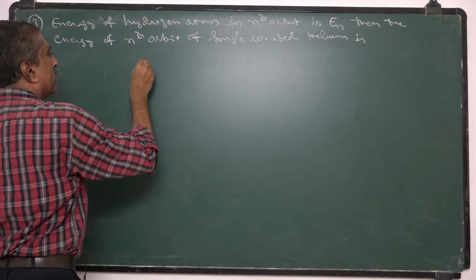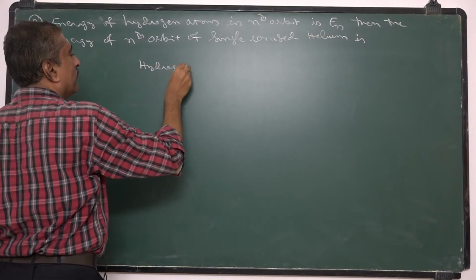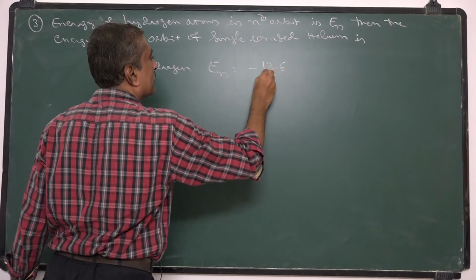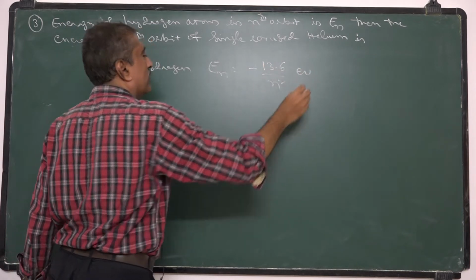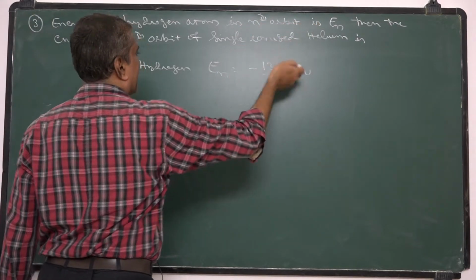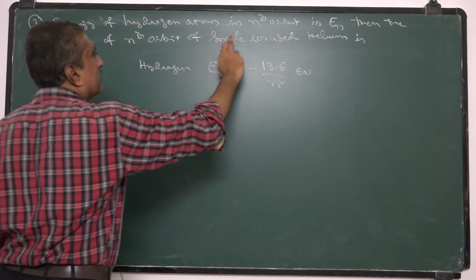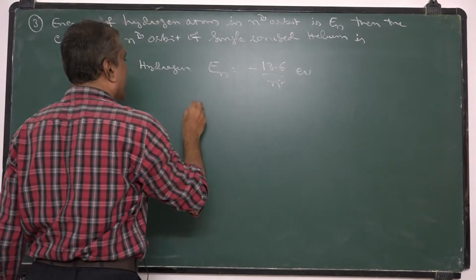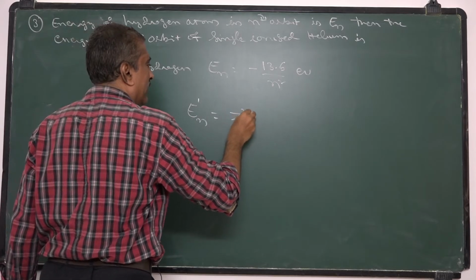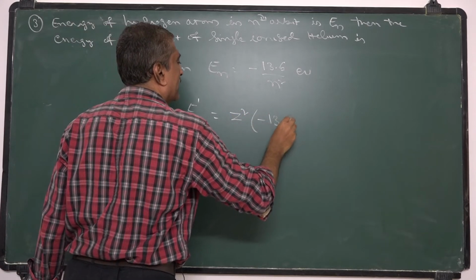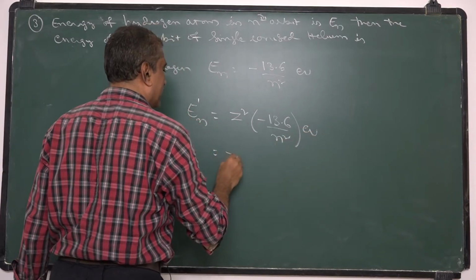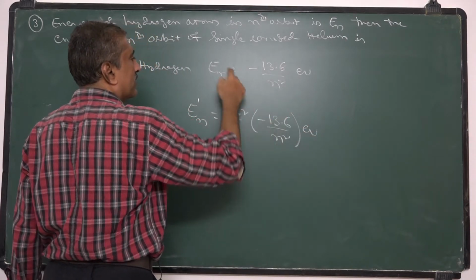So for hydrogen atom, En is equal to minus 13.6 by n square electron volt. So this is the given equation. Now for the nth orbit of single ionized helium, if you take it as E dash n, then we can write it as Z square into minus 13.6 by n square, that is Z square into En.